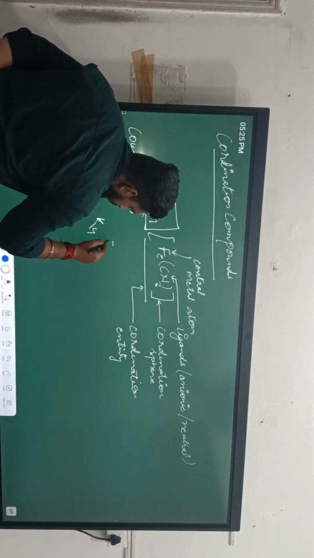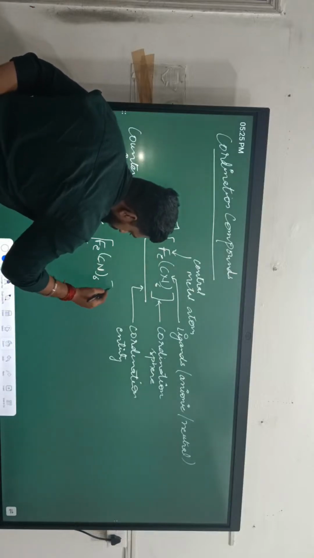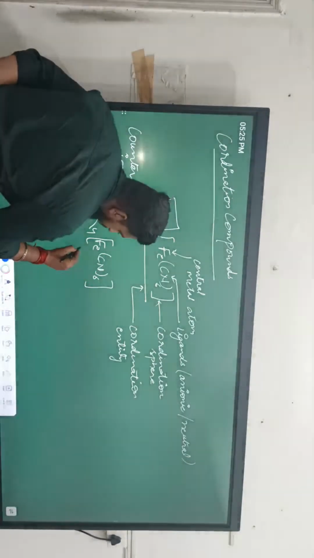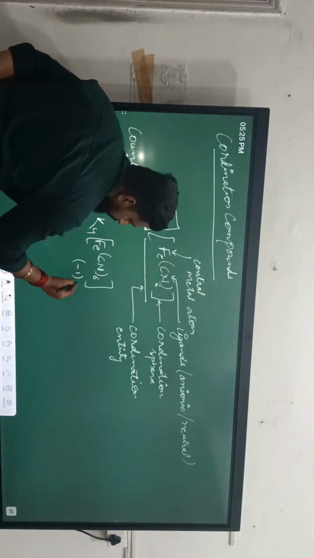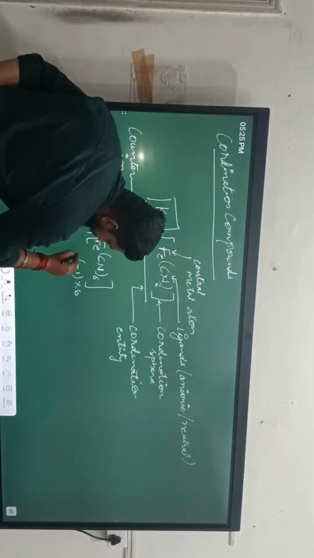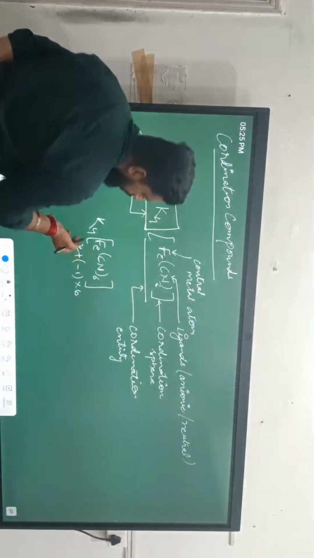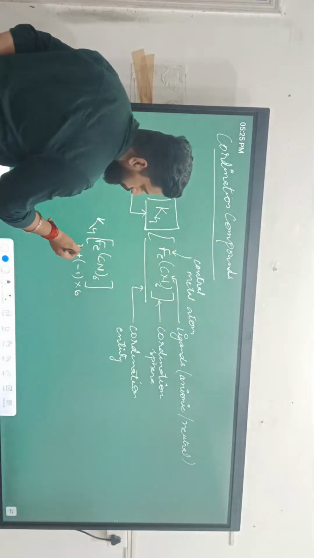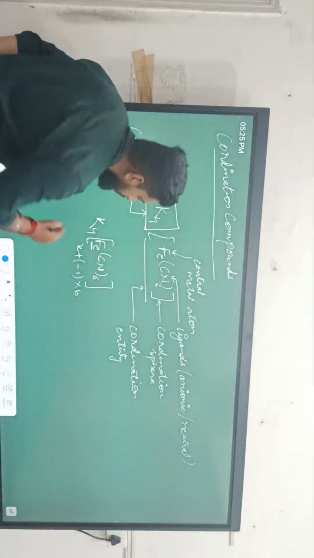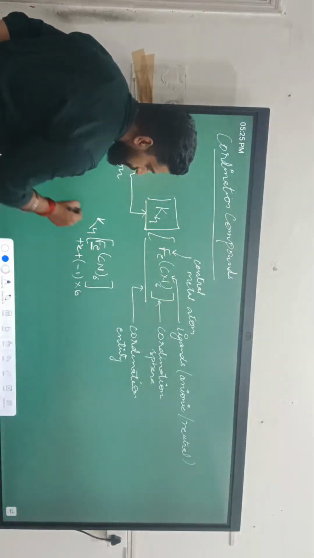K4 Fe CN6. This was our compound. We know the charge of one CN is -1, and we have 6 cyanide. I am expecting that you might know how to calculate oxidation number. To calculate the oxidation number of the central atom, let us suppose it as X. And now see the role of the counter ion.